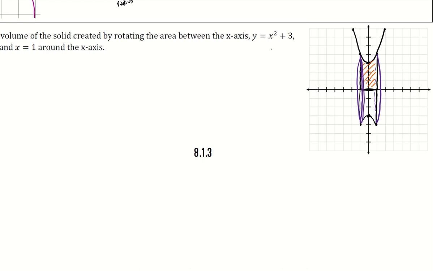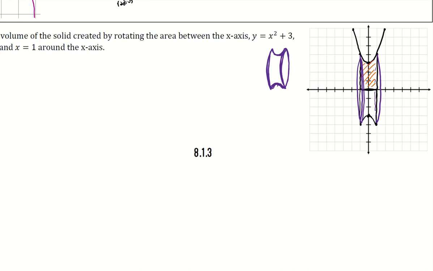So I'm going to redraw it here on the side. My figure is going to kind of look like this. Something like that is kind of what it creates three-dimensionally. That's what it's going to look like.